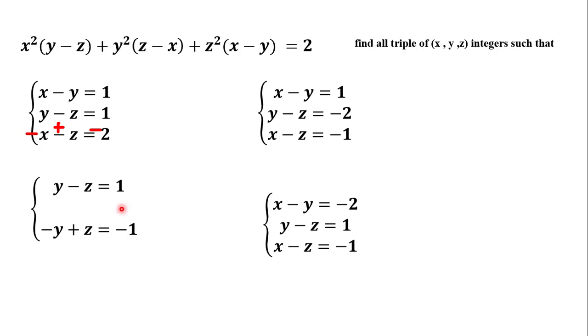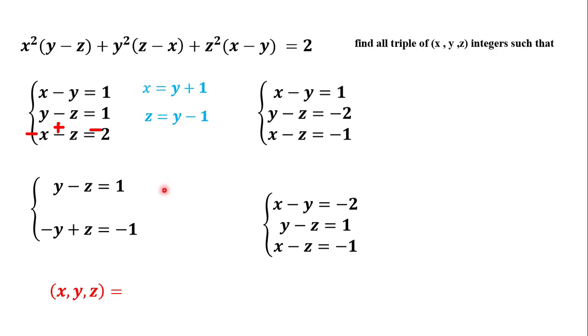So we can say this system of equations has infinitely many solutions x, y, and z. Now we need to find the relation between x, y, and z. From this equation, we can write x equals y plus 1, and from this equation, we can write z equals y minus 1.